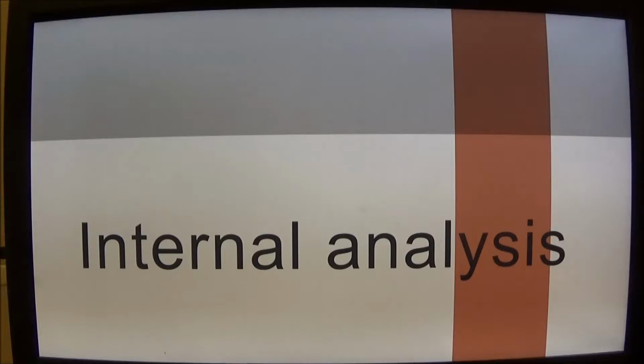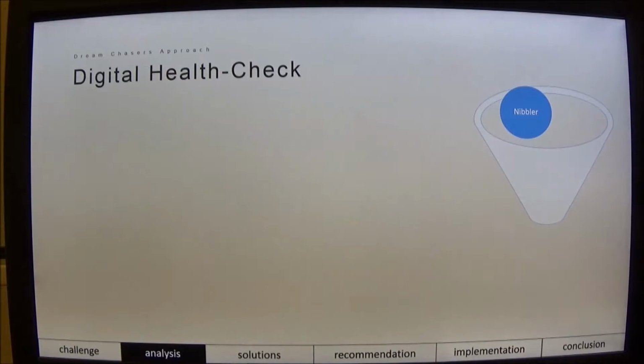So to start with the internal analysis, so what does the business look like? In order to establish how they are performing at this moment, I decided to conduct a digital health check by using 3 different websites: Nibbler, Health Check, and Alexa.